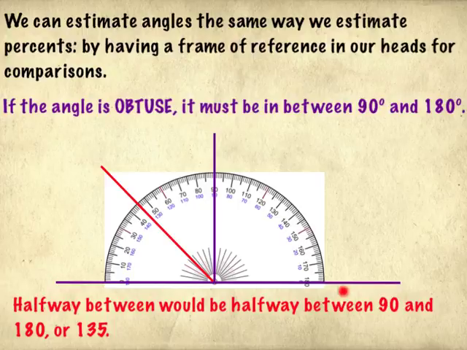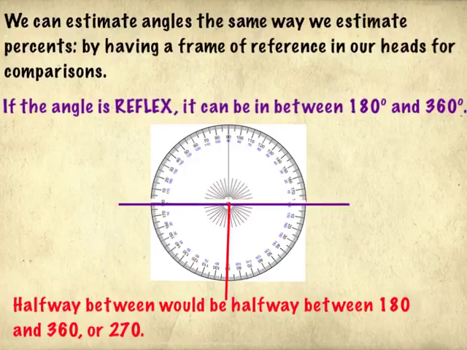If I asked you to estimate an angle of 115 degrees, you would know it had to be bigger than 90, but smaller than 135. So you would know it was in here somewhere.